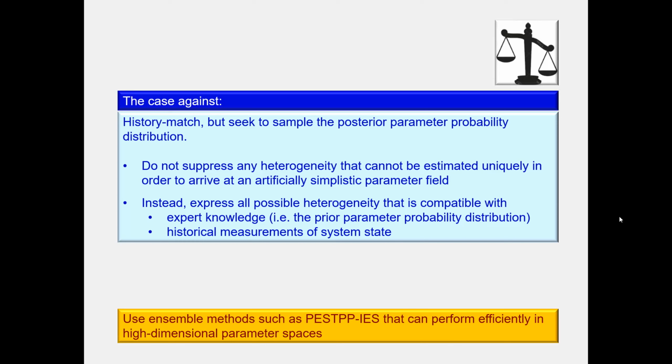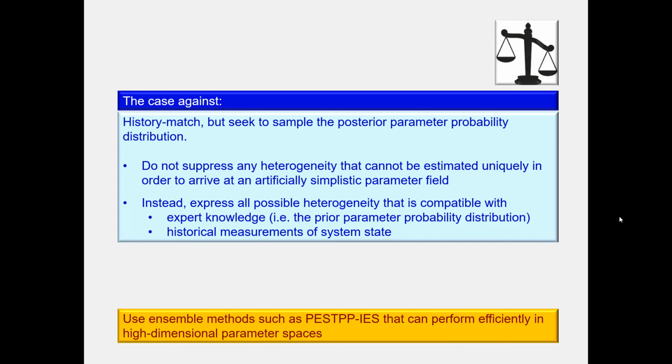Still, there are methods available which, in theory at least, allow us to actually sample the posterior probability distribution. That is, we come up with not one, but a whole ensemble of parameter fields, all of which are realistic to a point, and all of which allow the model to replicate the historical behavior of the system.